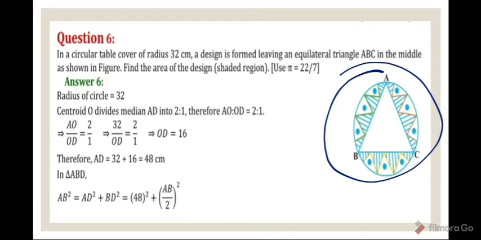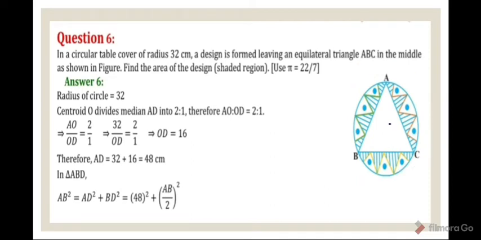Suppose I am considering this one as the center. The radius is given as 32, so I am writing r is equal to 32 centimeter. Now our design is formed leaving an equilateral triangle ABC in the middle.